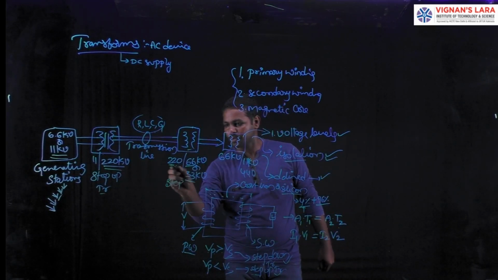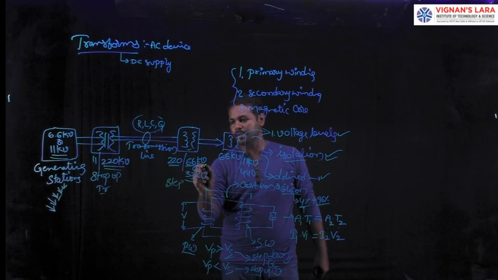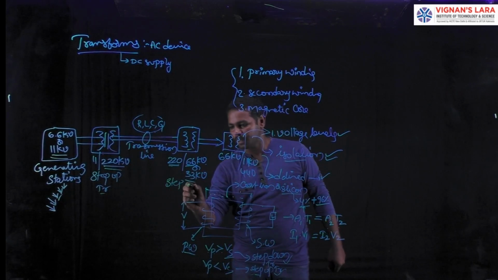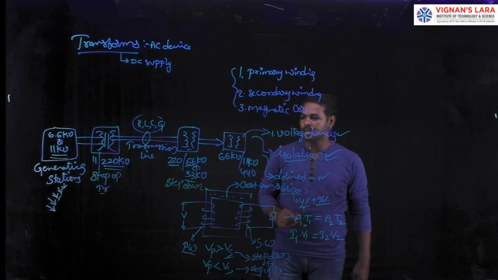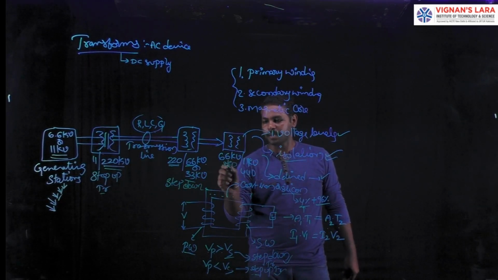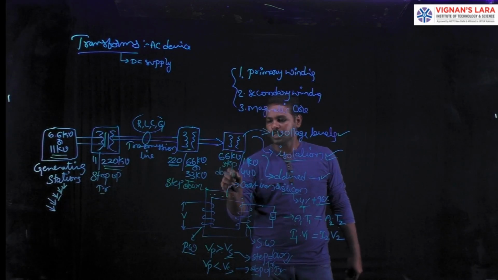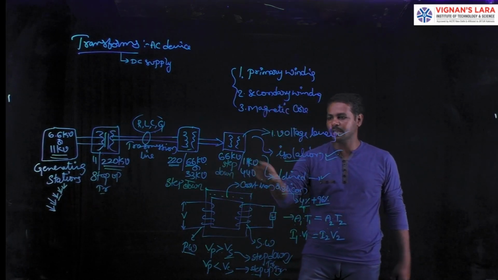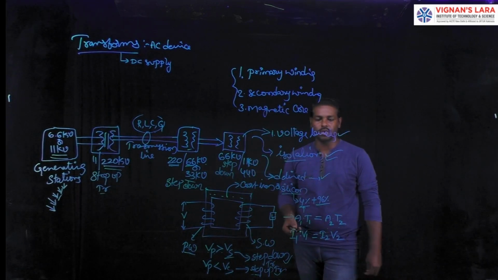From 220 kV to 66 kV, the voltage level from primary to secondary is reduced, so we use step down transformers. Here also we use step down transformers, and the distribution transformers deliver power directly to loads.